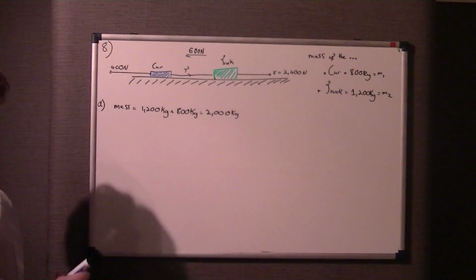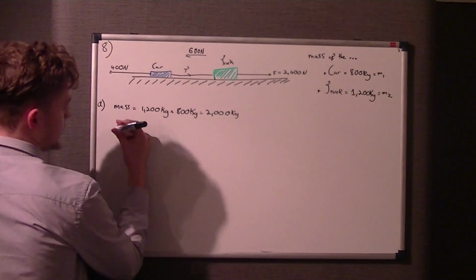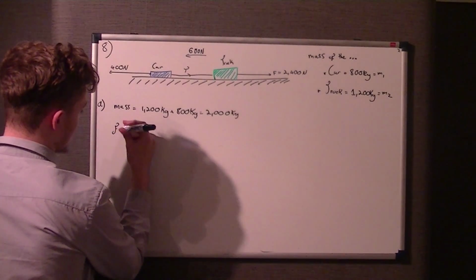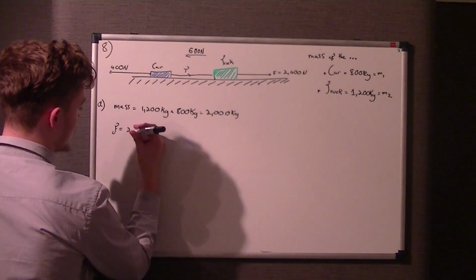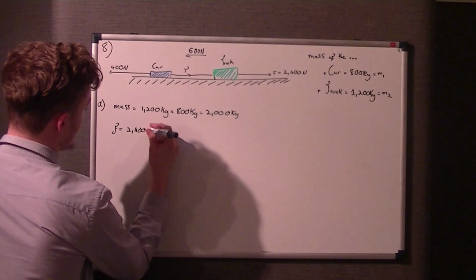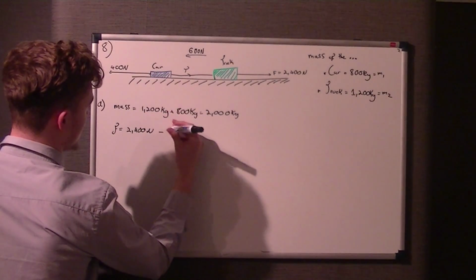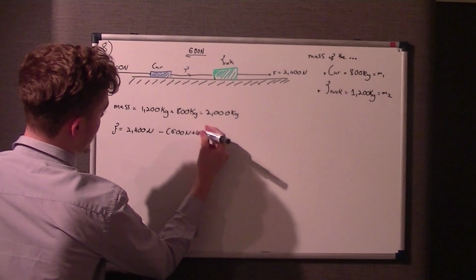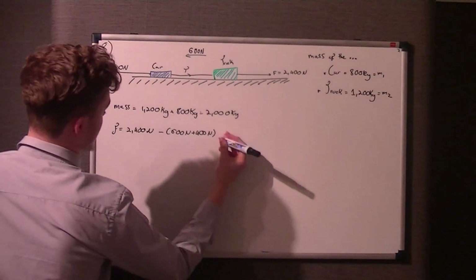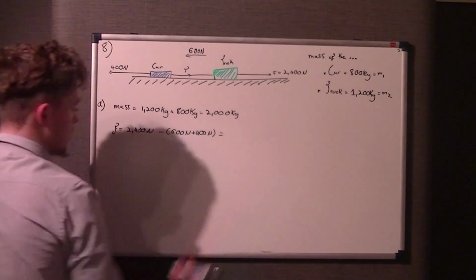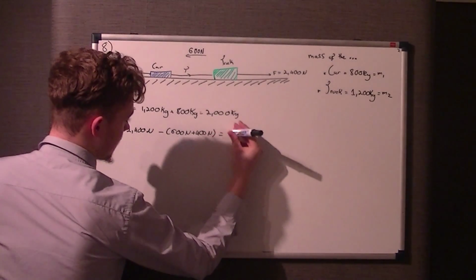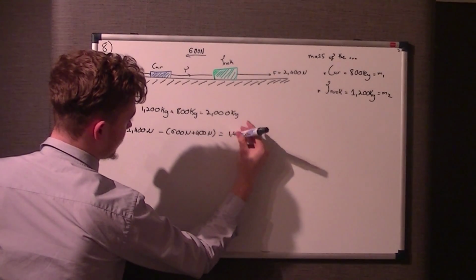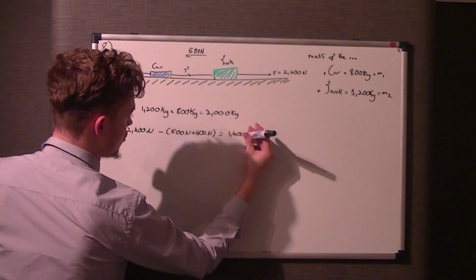And we know the total driving force to be 2,400 newtons, but there's a total resistance force of 600 newtons plus 400 newtons. So you take 1,000 newtons from 2,400, which gives a resultant force of 1,400 newtons.